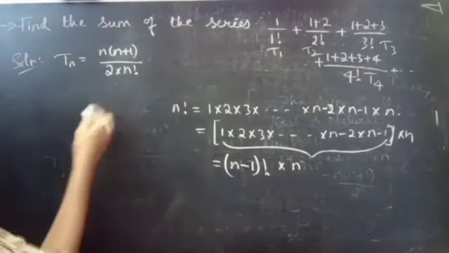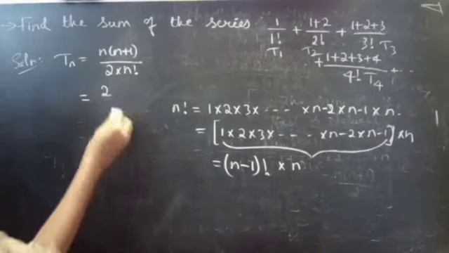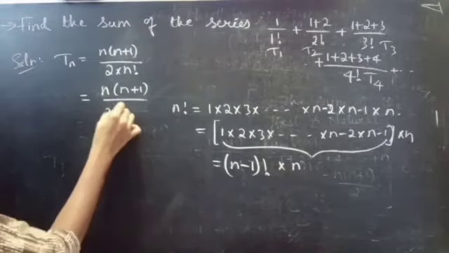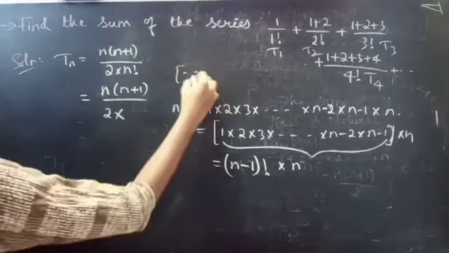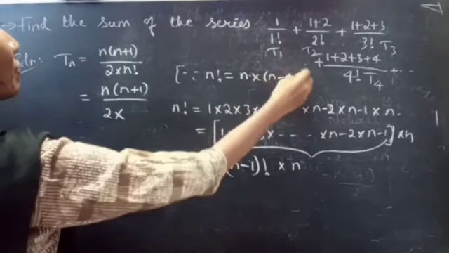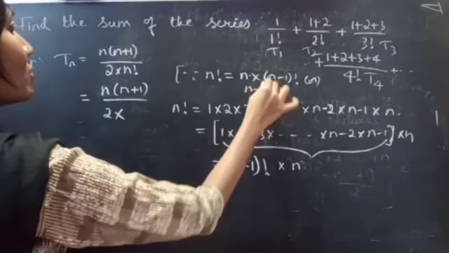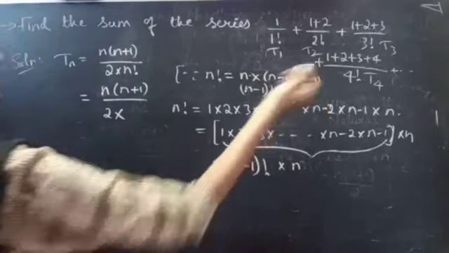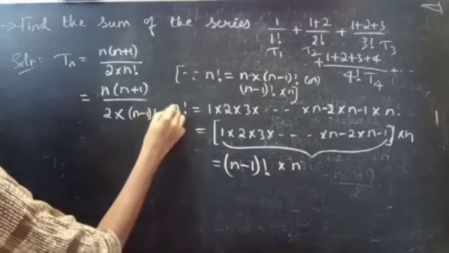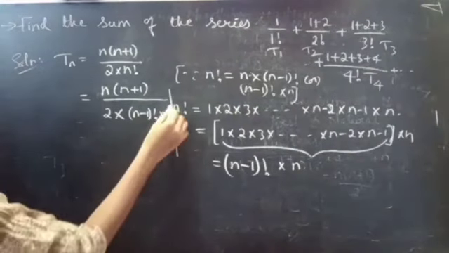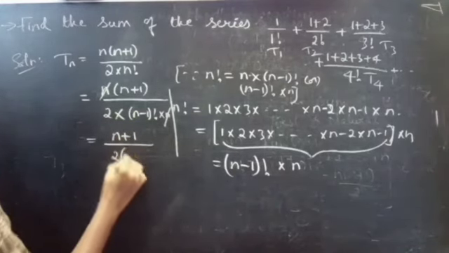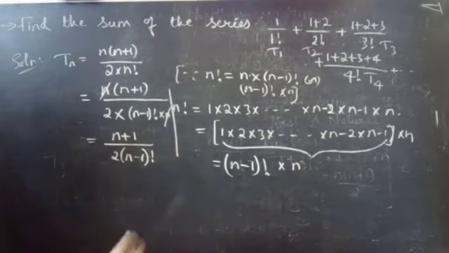So this equals n into n plus 1 by 2 into this n factorial. Since n factorial can be written as n into n minus 1 factorial or n minus 1 factorial into n, both are the same. So I could write it as n minus 1 factorial into n. So I can cancel n. Now I'll get n plus 1 by 2 into n minus 1 factorial.